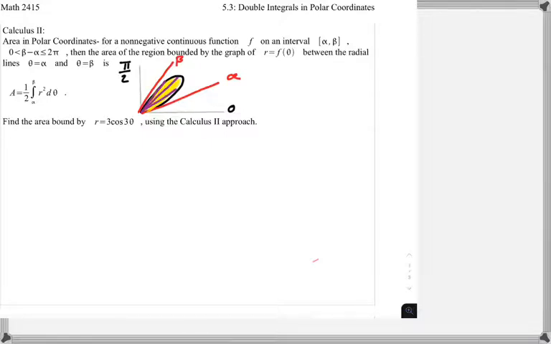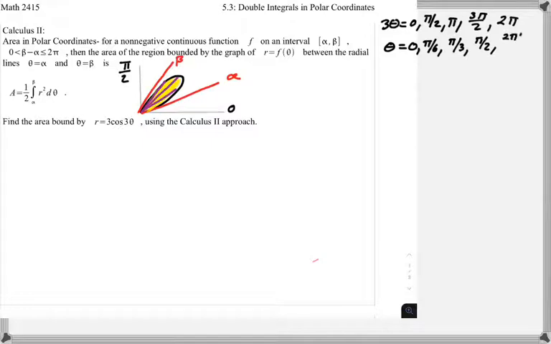So if we look at finding the area bounded by r equals 3 cosine of 3 theta using the Calculus 2 approach, what we're going to do first is set the 3 theta equal to 0, pi over 2, pi, 3 pi over 2, also 2 pi. That's going to give us theta equal to 0, pi over 6, pi over 3, pi over 2, and 2 pi over 3.